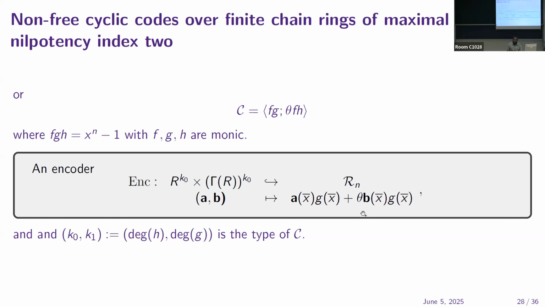Associate this sum. Okay. The type of the code is k0, k1.